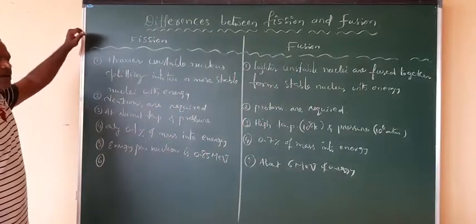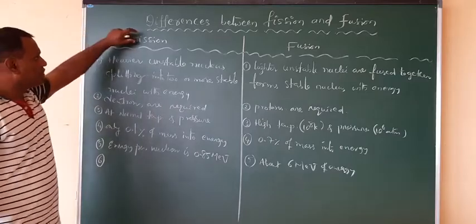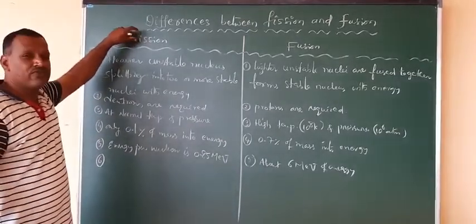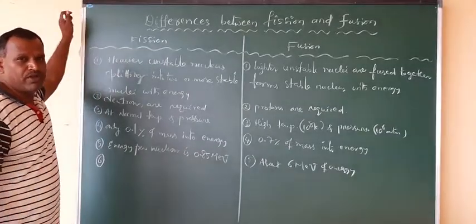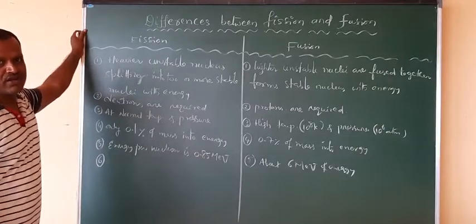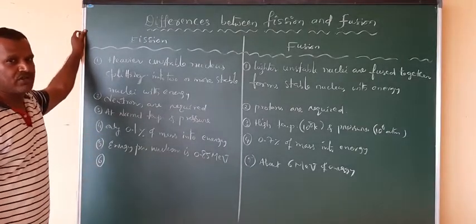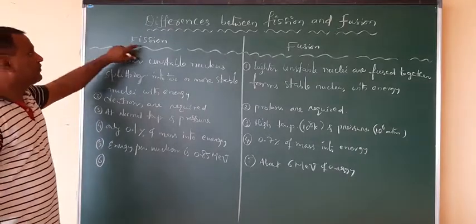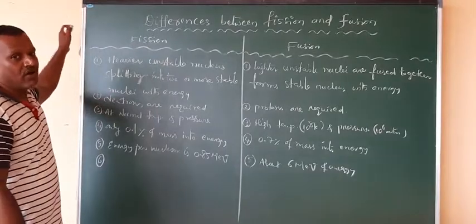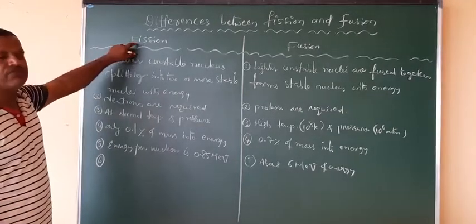Another difference is the fuel required. The fuel required for fission is uranium or plutonium. They are costly, with a high cost, and it is very hard to get this nuclear fuel for the fission reaction.